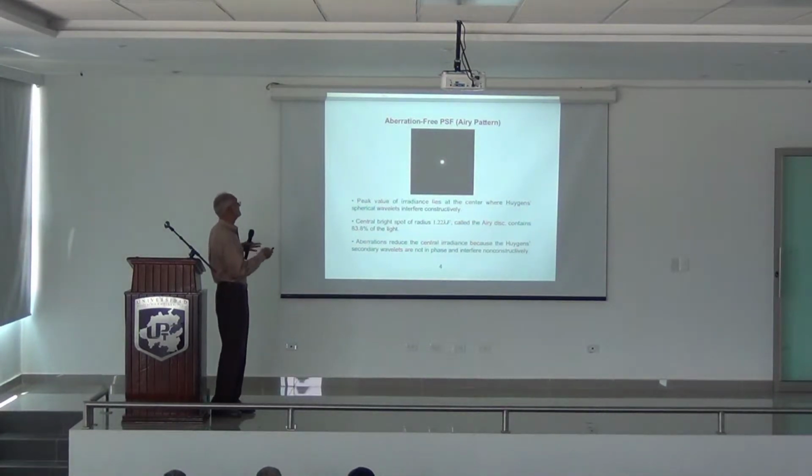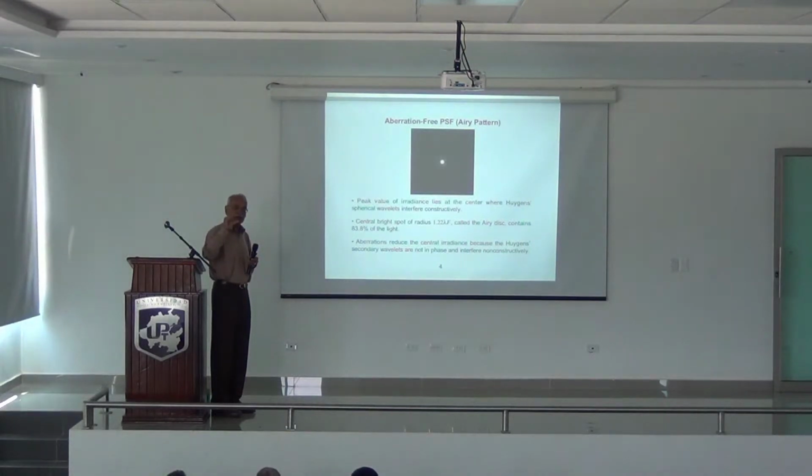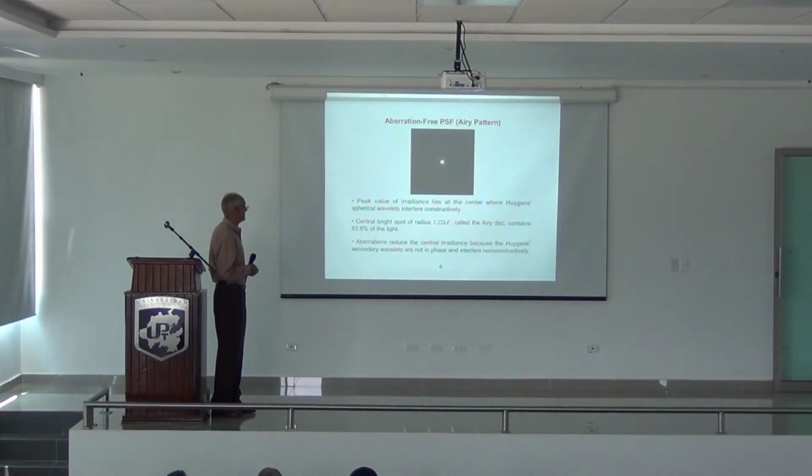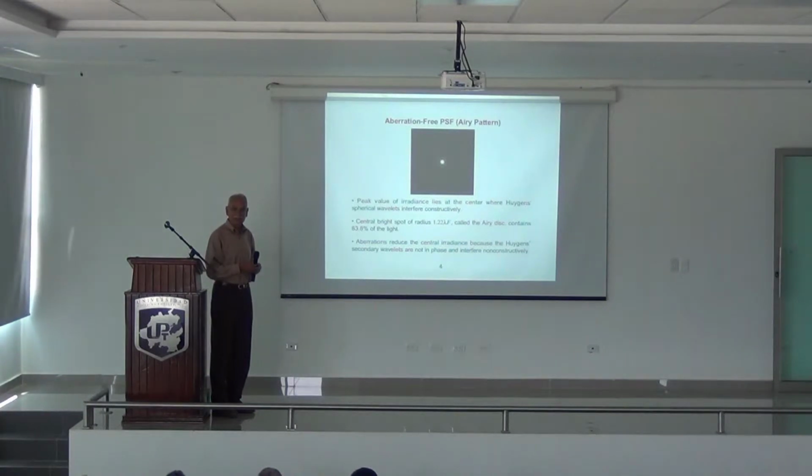The contrast, because of the light, etc., is not good, but there are many dark and bright rings which are getting weaker and weaker in brightness. The central bright spot has a radius of 1.22 in units of lambda f, called the Airy disk, and contains most of the light, almost 84%. The diffraction rings, so-called, contain the balance of it, about 16%.